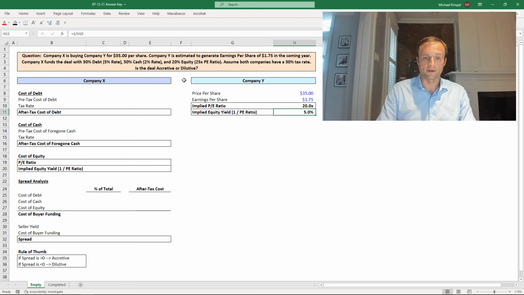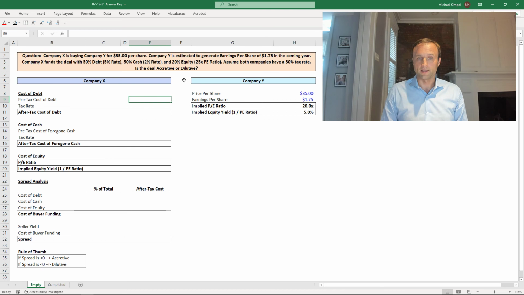So let's take a look here. On the left-hand side, we have the different types of funding that are going to be used to fund the deal, and we're going to work through the cost of each type of funding one by one. Let's start with debt. So we have a 5% pre-tax cost of debt and a 30% tax rate. But again, we have to remember that the true cost of debt is the after-tax cost of debt.